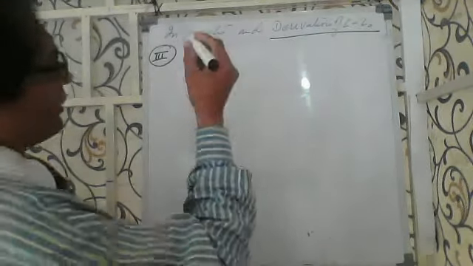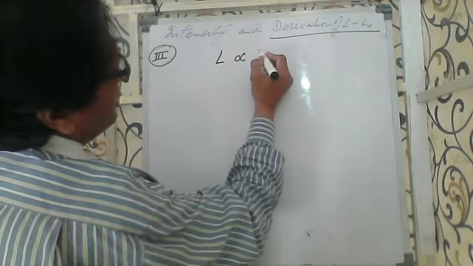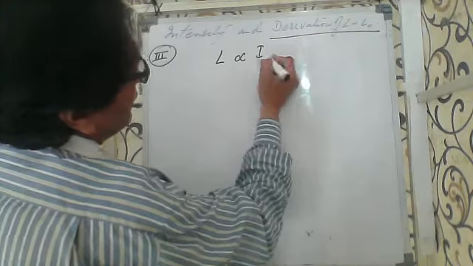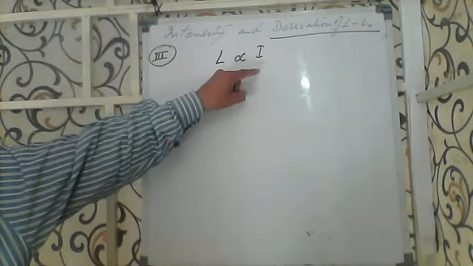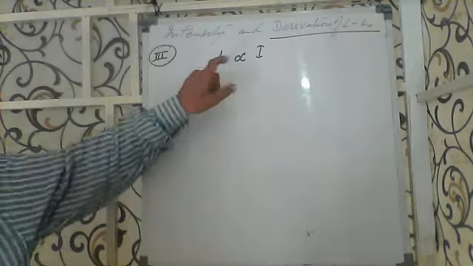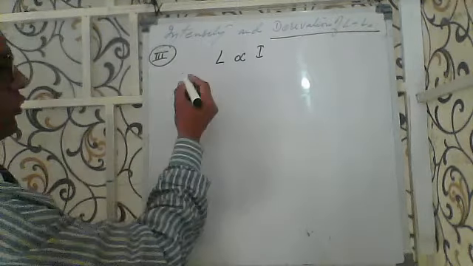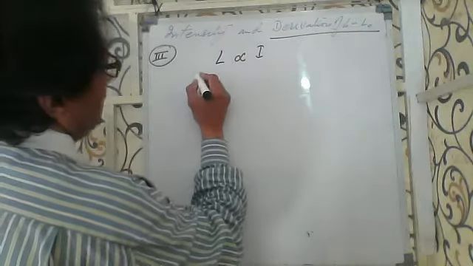Now for it, we will say that loudness L is directly proportional to intensity I. If intensity is greater, energy is greater, then the loudness is greater. We know this thing.